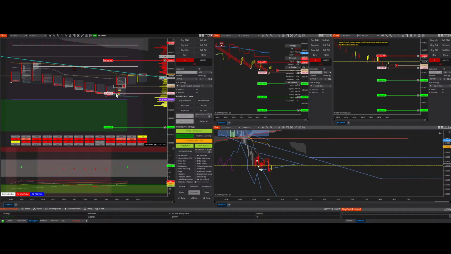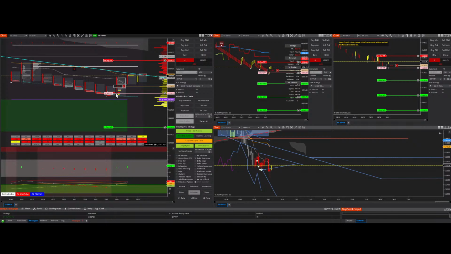Not the best trading environment right here. Now, I am just sim trading here, guys, so you have to trade at your own risk.